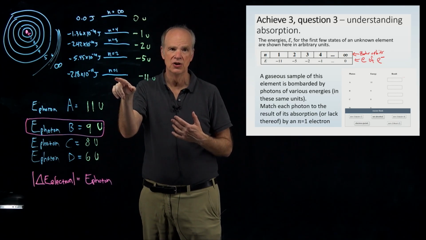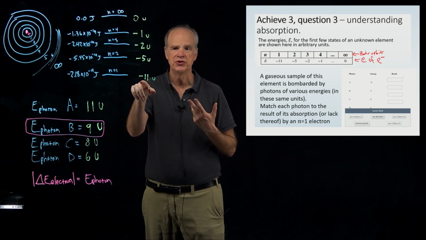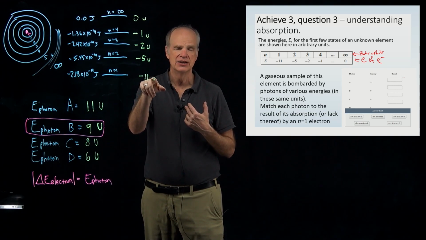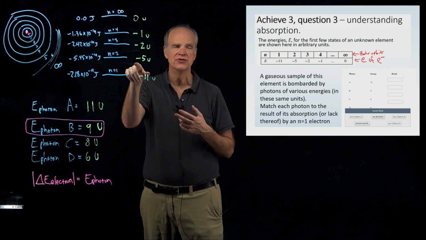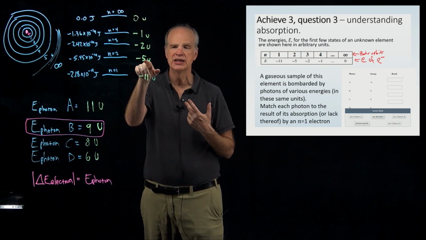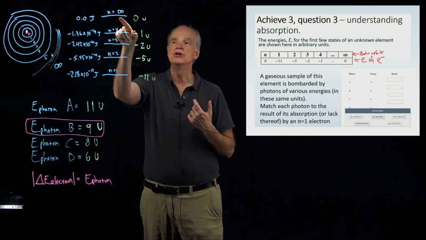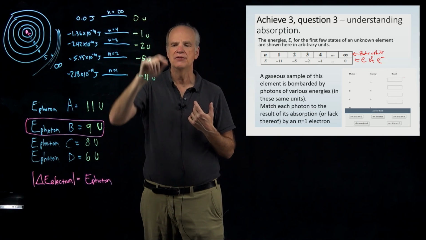Here, the closest orbit to the nucleus is the first orbit. We're saying in this mysterious atom that it's going to have an energy of negative 11 units. And when the electron is in the second orbit, it has a little bit higher energy, so this is negative 5 units. Third orbit, negative 2 units, and so on. And then when you have the electron completely off the atom, you have 0 units.